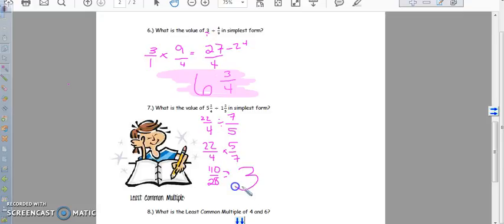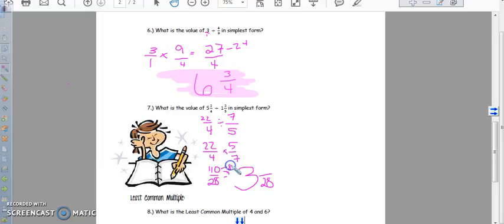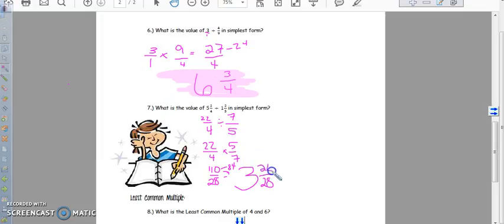So big 3, 28. Now I'm going to multiply this, and whatever I get, I'm going to subtract from the 110. So 28 times 3 is 84. So now I'm going to do 110 minus 84 to see what's left over, and I get 26.